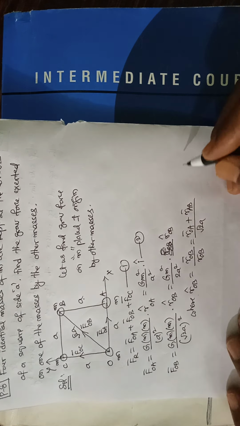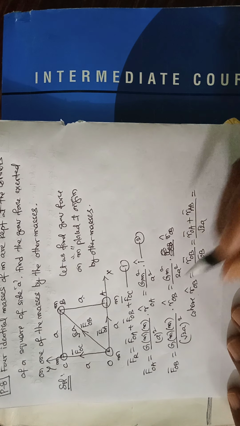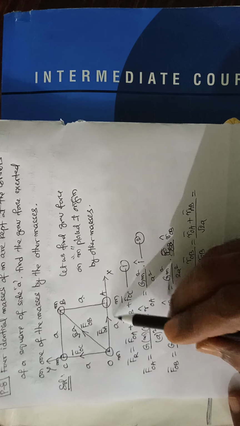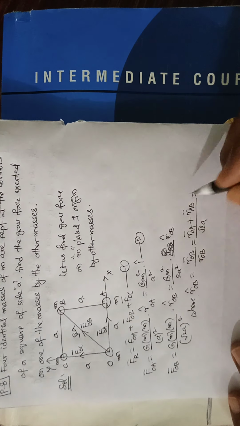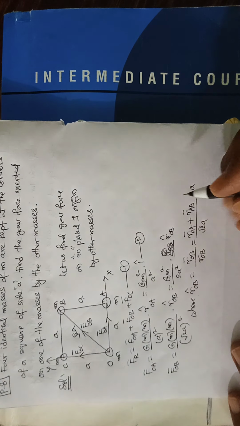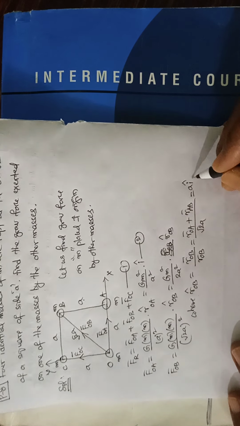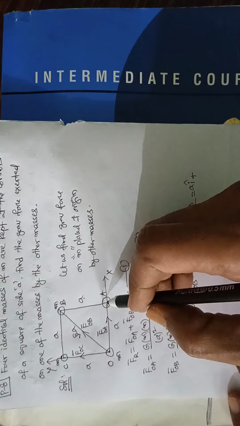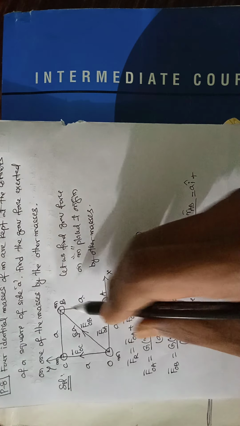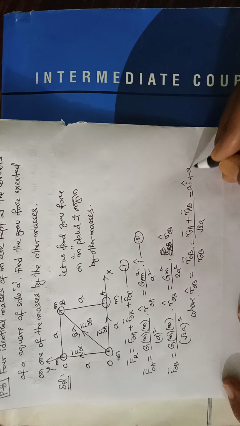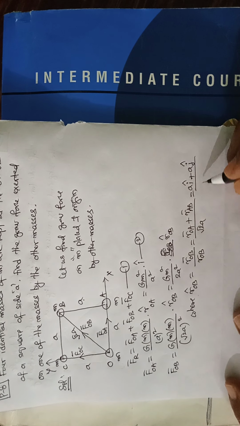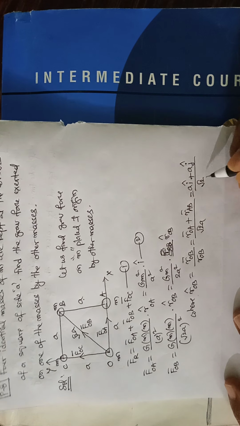ROA is A I, the magnitude is A in the direction of positive x-axis, plus RAB, whose magnitude is A in the positive y-axis, so A J, divided by root 2A.